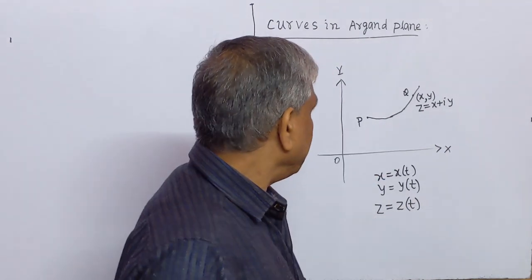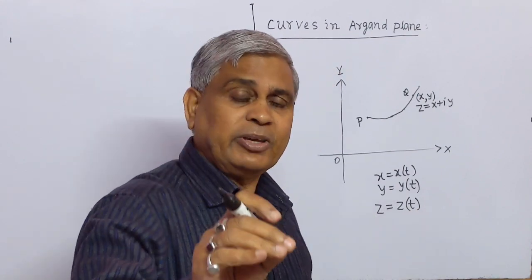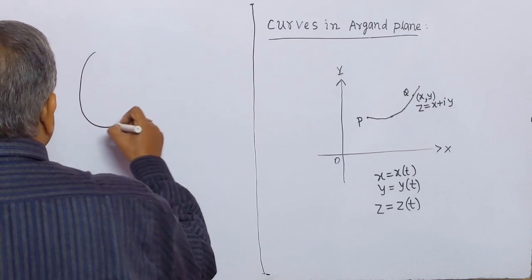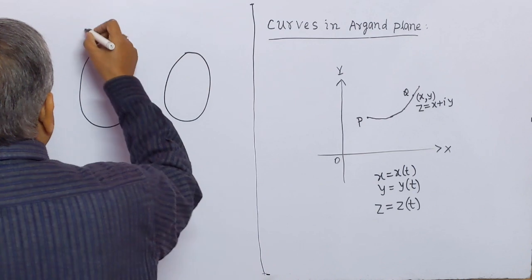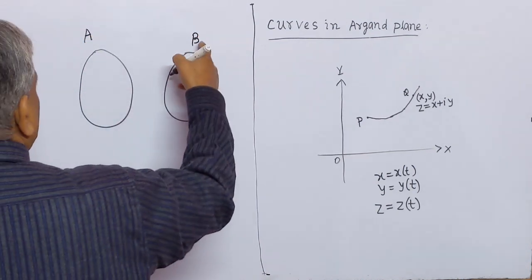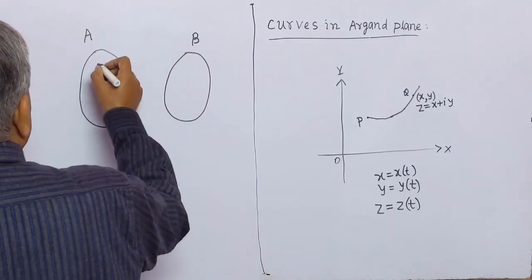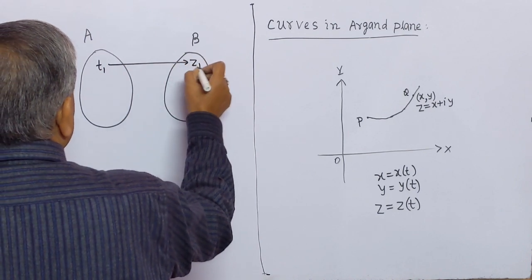Here we see that z depends upon time t. Time is a parameter. If we take here set A and set B, the collection of points, that is z. For t1 we get here z1.